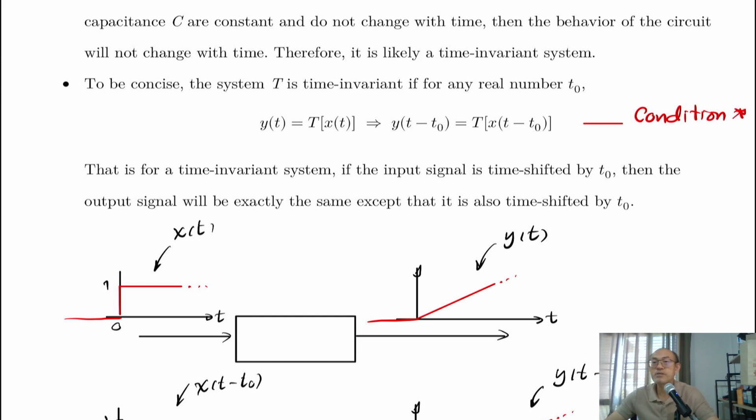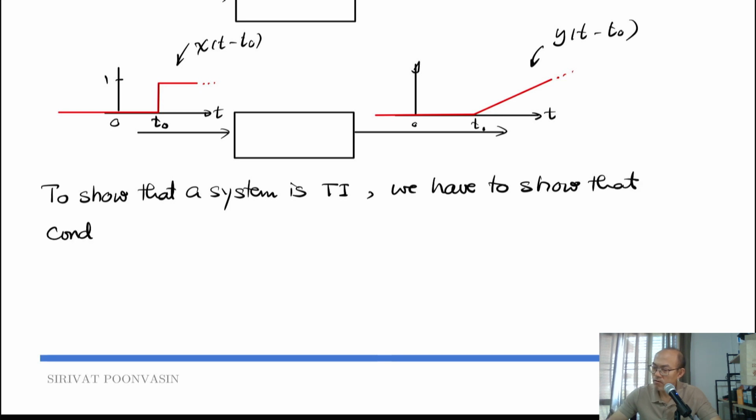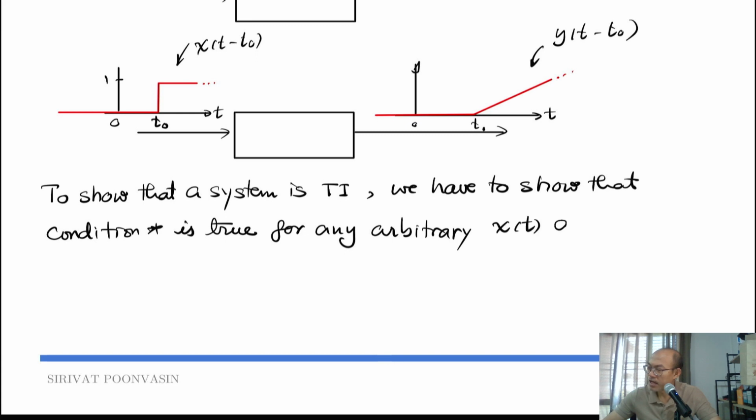Now, to show that a system is time invariant, we have to show that condition star is true for any arbitrary x and t0.